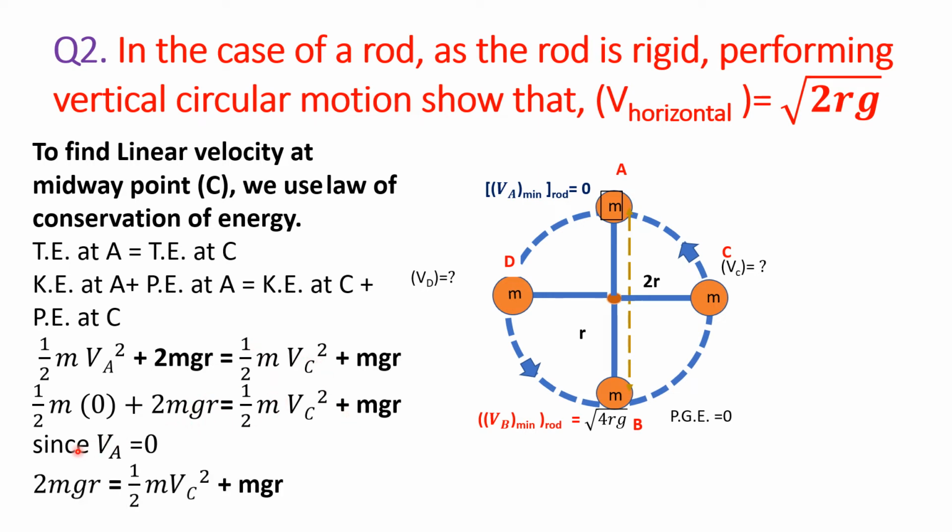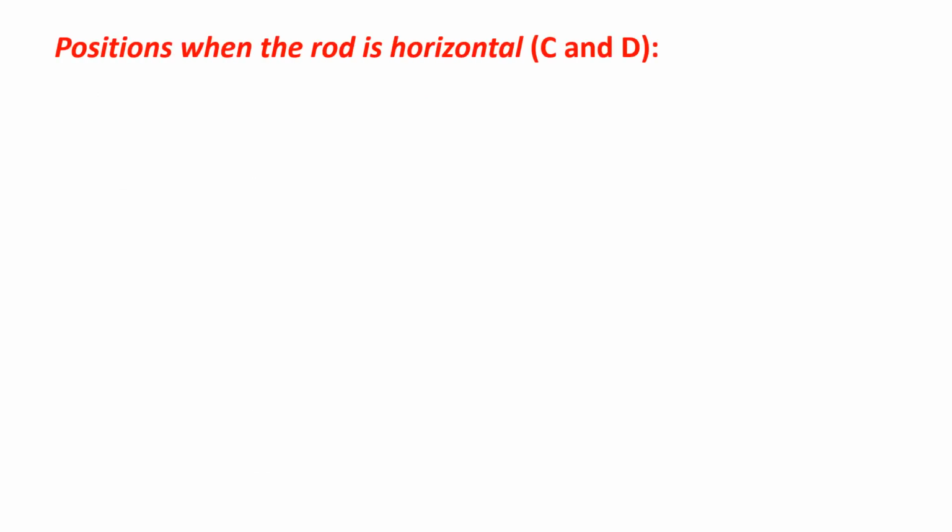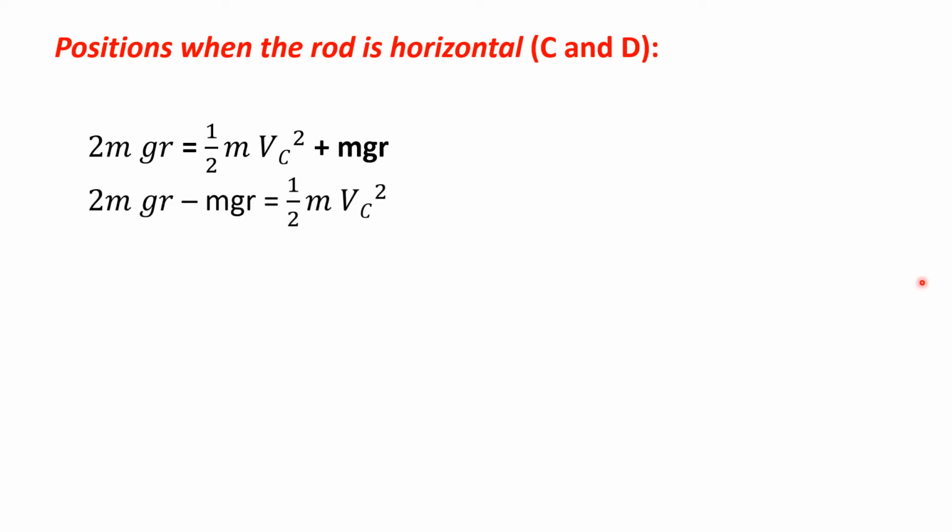Rearranging the terms, we can write 2mgr is equal to half m Vc square plus mgr. Just move this mgr term from the right hand side to the left hand side and do the subtraction. We get the equation half m Vc square is equal to mgr.